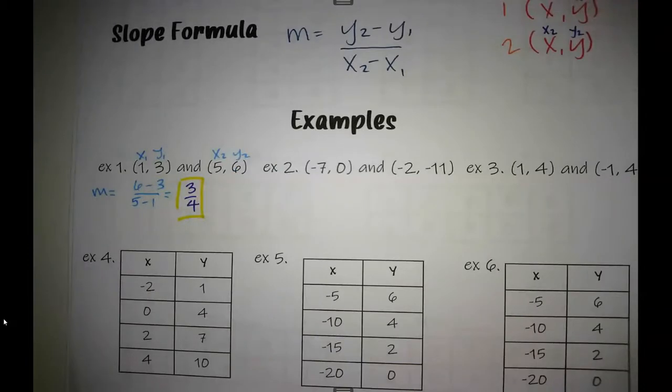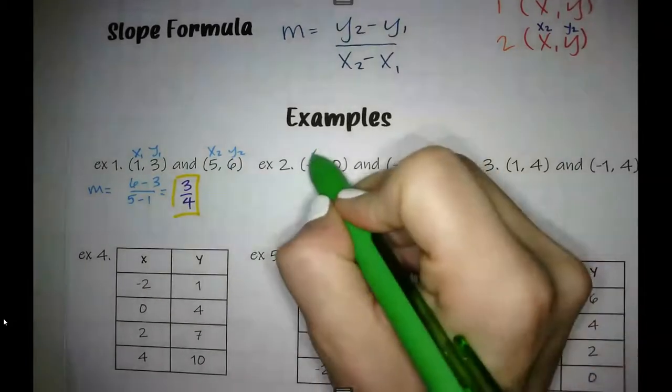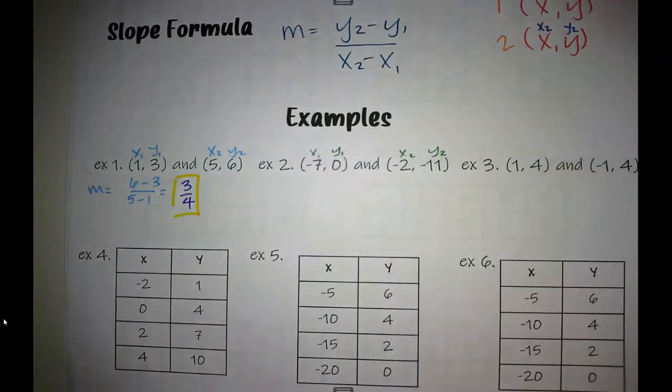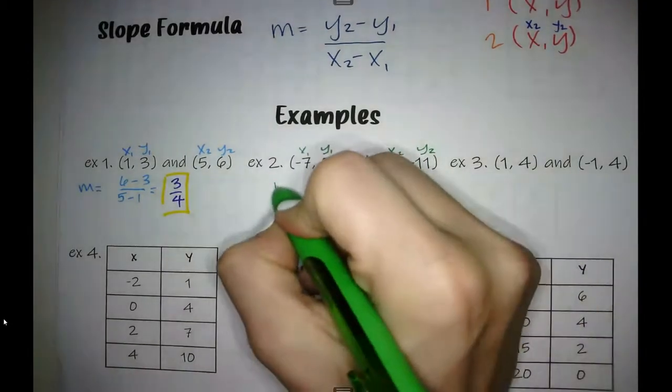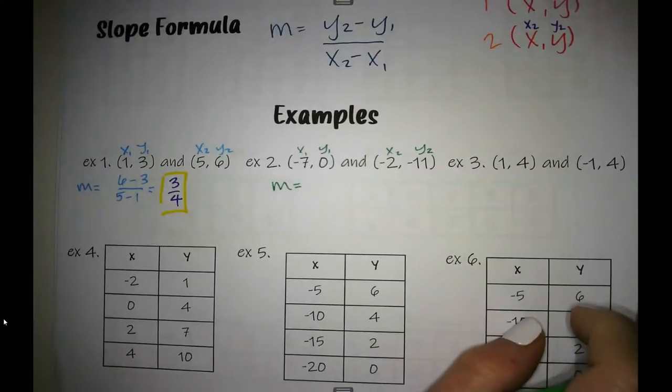Okay, the second example, we've got these 2 points. Again, I'm labeling x1, y1, x2, y2. This is where it's going to start getting a little bit tricky because we're going to be dealing with a lot of negatives and minus signs.